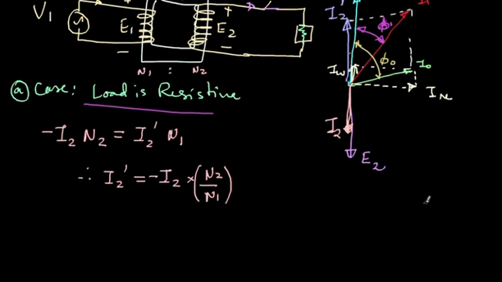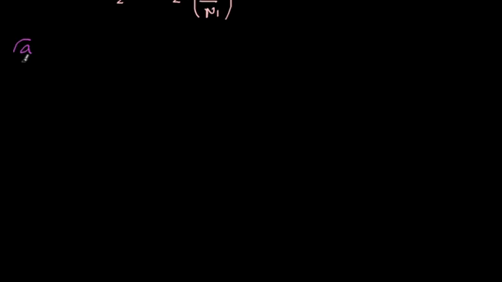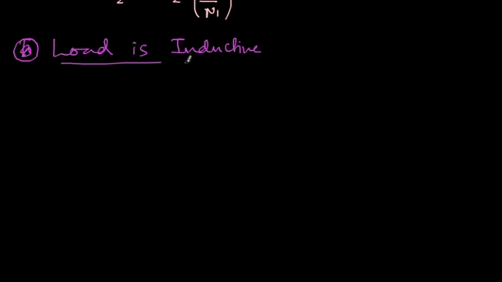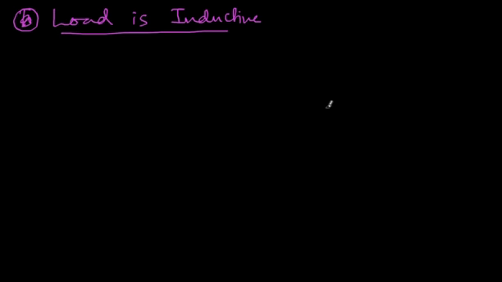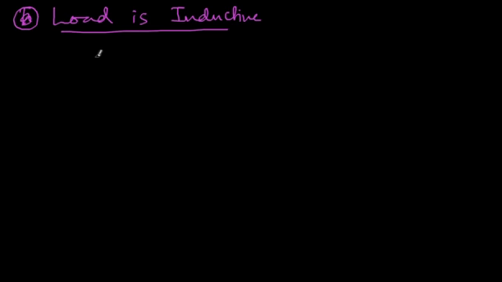Now let's go back and take a different case, case B, where the load is inductive. Not purely inductive; when I say the load is inductive, it has some resistance also. So let's draw the vector diagram. This is V1, which is equal to E1.